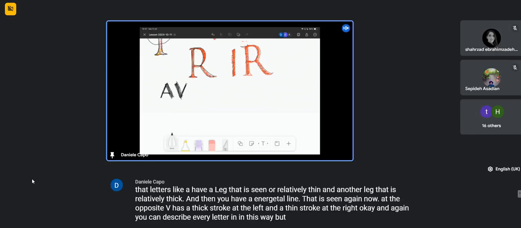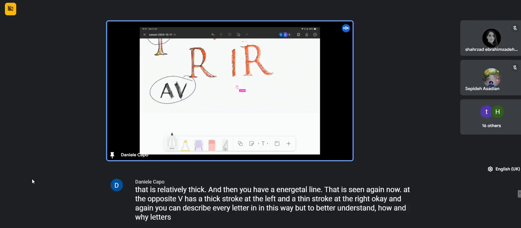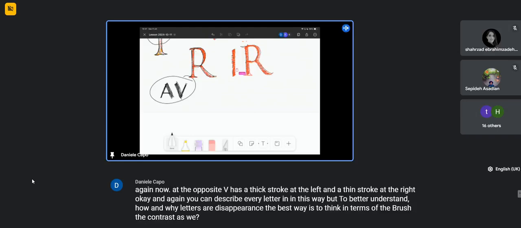But to better understand how and why letters have this appearance, the best way is to think in terms of the brush, the contrast, as we have explained it before.